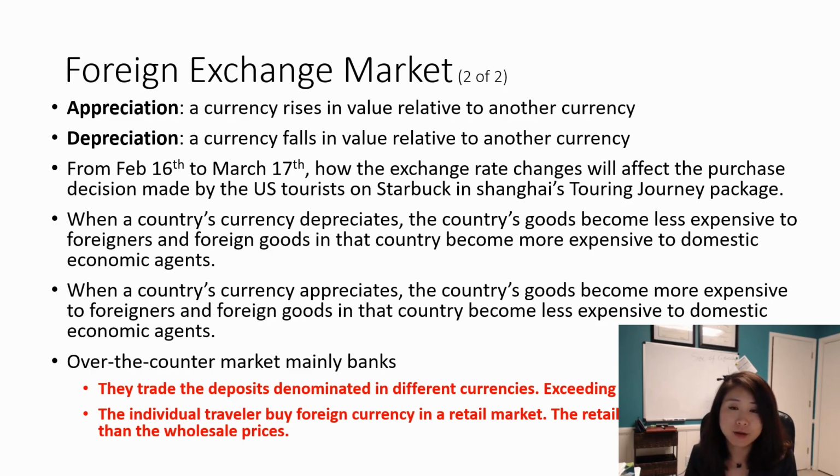However, if you really go to a bank, you might notice that your $1 can only receive 6.8 yuan. The reason is that you are on the retail market, not the OTC market. So the OTC market is the benchmark, and when you go to the retail market, you will receive less foreign currency. That's something you have to pay attention to.